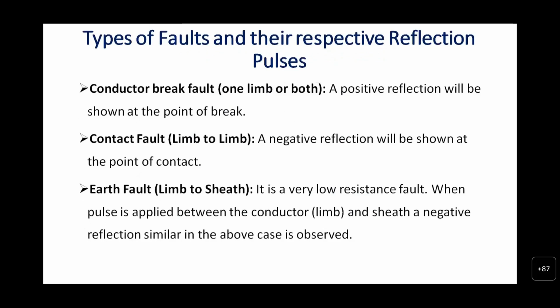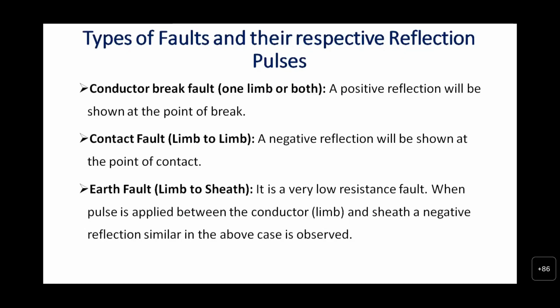Conductor breaks means one limb or both limbs can be broken, and a positive reflection is shown at the point of break on the meter. So that indicates the cable is broken.